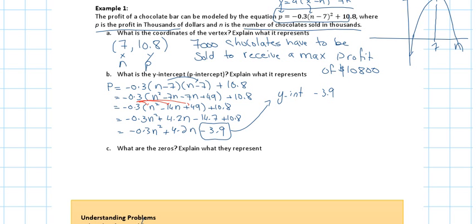The profit, that's right. So it represents the profit. If you have a profit of negative 3.9, what does that mean? Are you making money? That means you're losing $3,900 in this case, right? So that means your initial profit is a loss of $3,900, which makes sense.